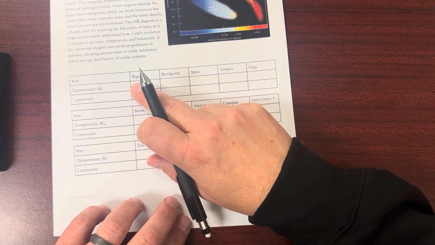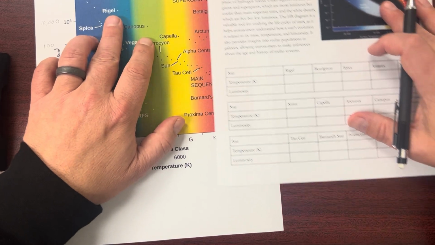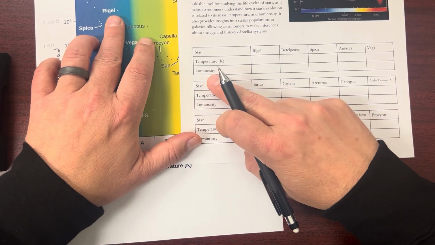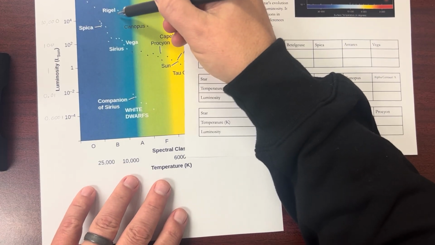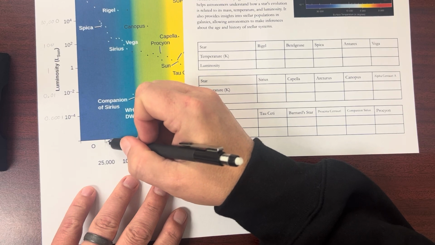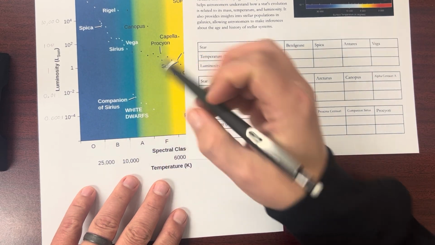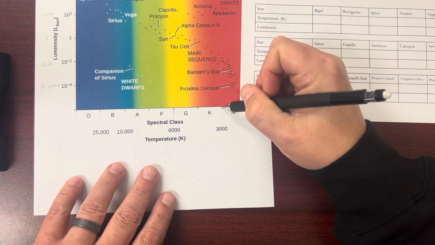For instance, Rigel. We find Rigel up here, and I need the temperature and the luminosity. So you're going to have to estimate, because when you come down here for Rigel, you'll see 25,000 and 10,000, and then 6,000, 3,000.